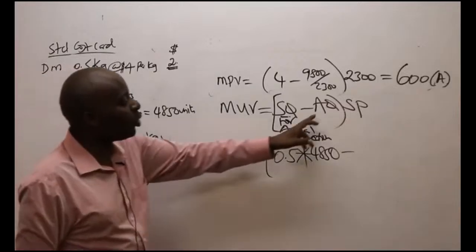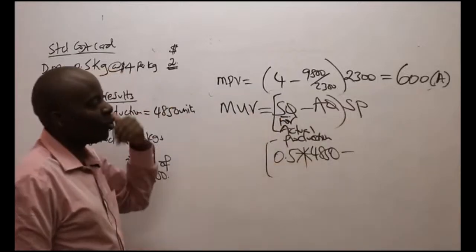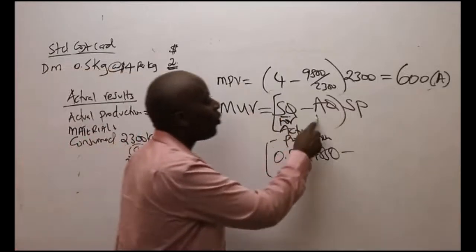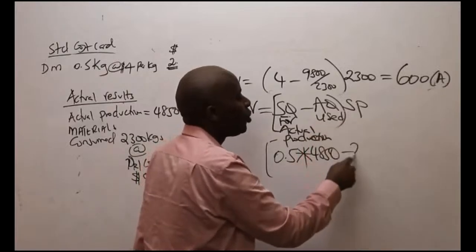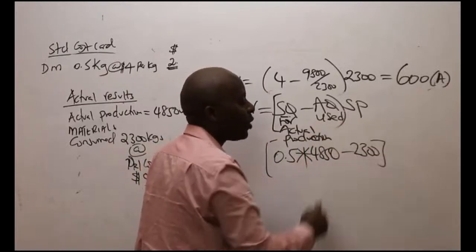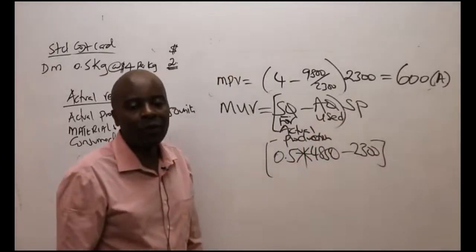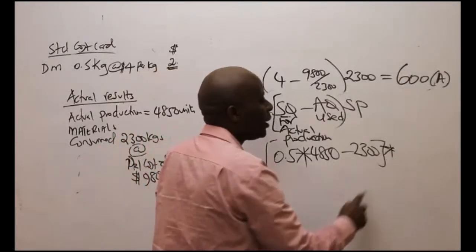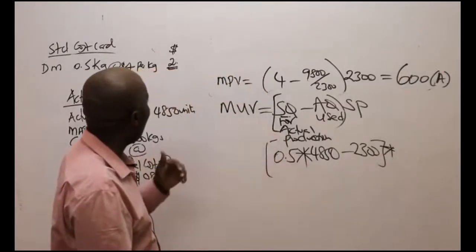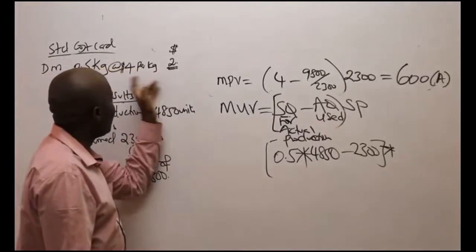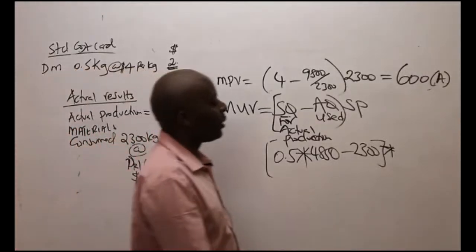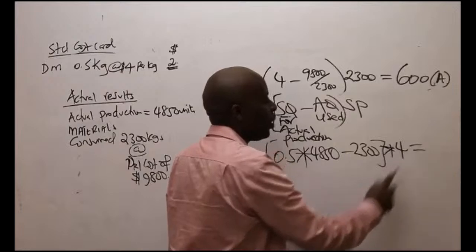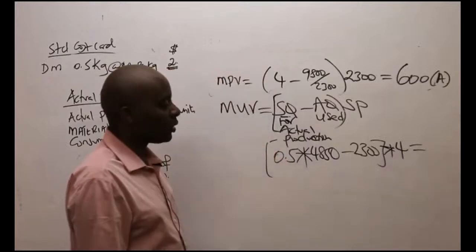Minus the actual quantity of raw materials that was used, which you gave me as 2,300, multiplied outside here with the standard price per kilogram, which is 4.